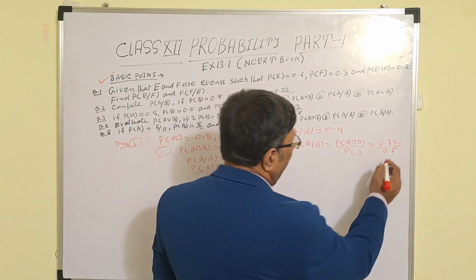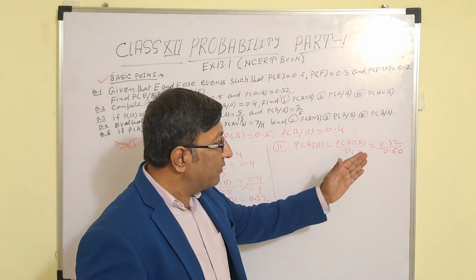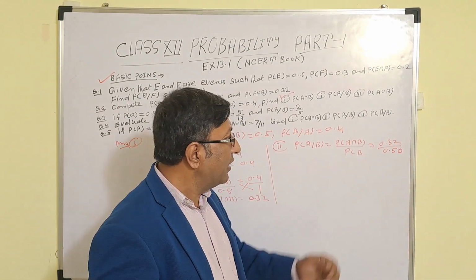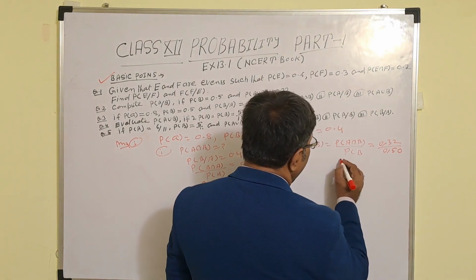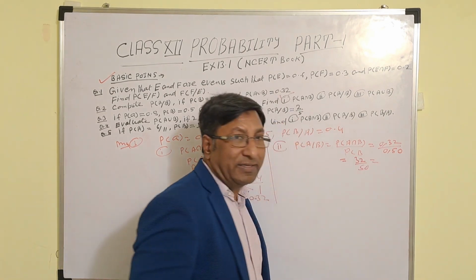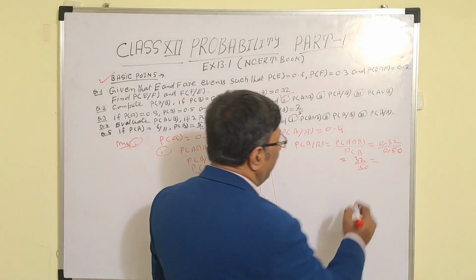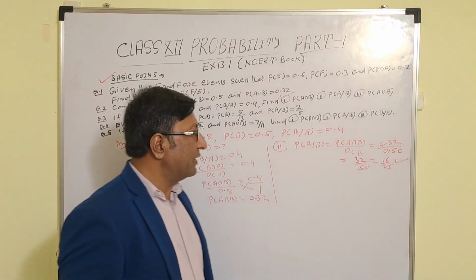So put a 10 so that the number of digits after the decimal will be the same. Now you can remove the decimal very easily. This becomes 32 by 50. When we cancel the common factor 2, we will get 16 by 25. This is the right answer.